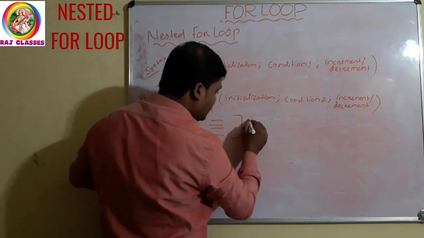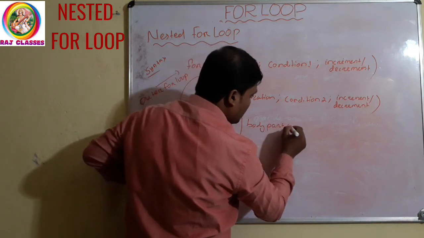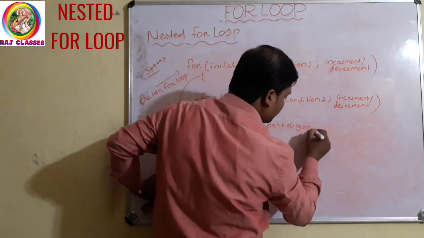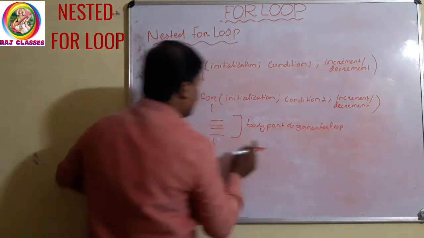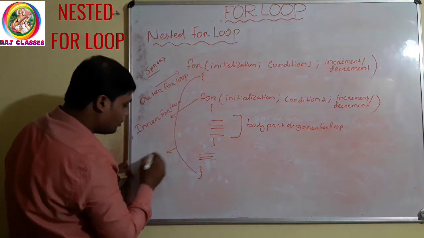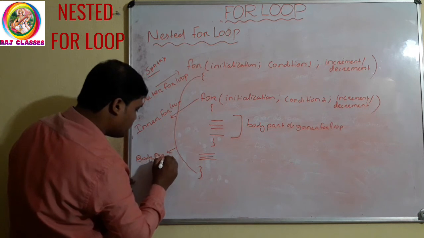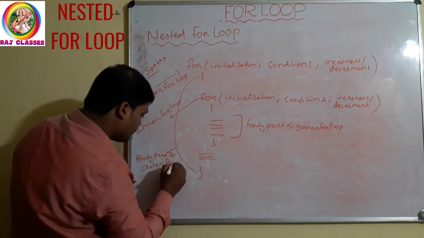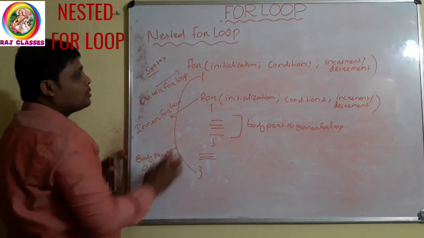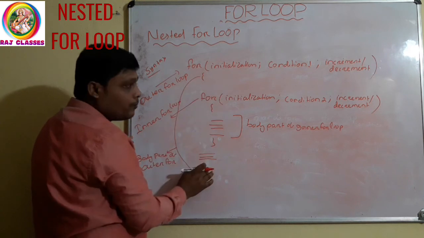And this is the body part of the inner for loop. Clear? And this is the body part of the outer for loop. So you can see one for loop is present inside another for loop.